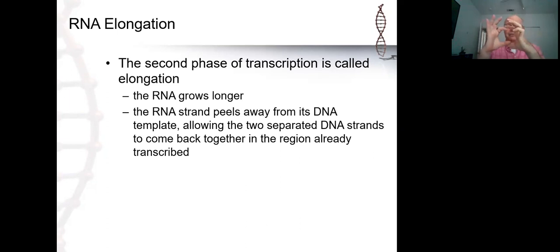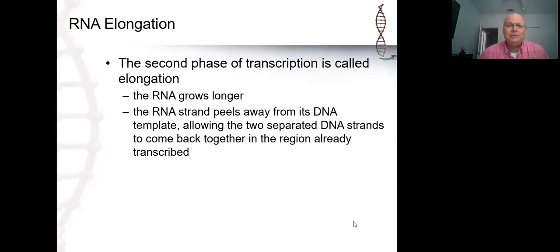So you only ever have this local small bubble of about 20 to 30 nucleotides max that are open as the RNA polymerase moves its way, reading the template 3' to 5' and assembling the transcript.